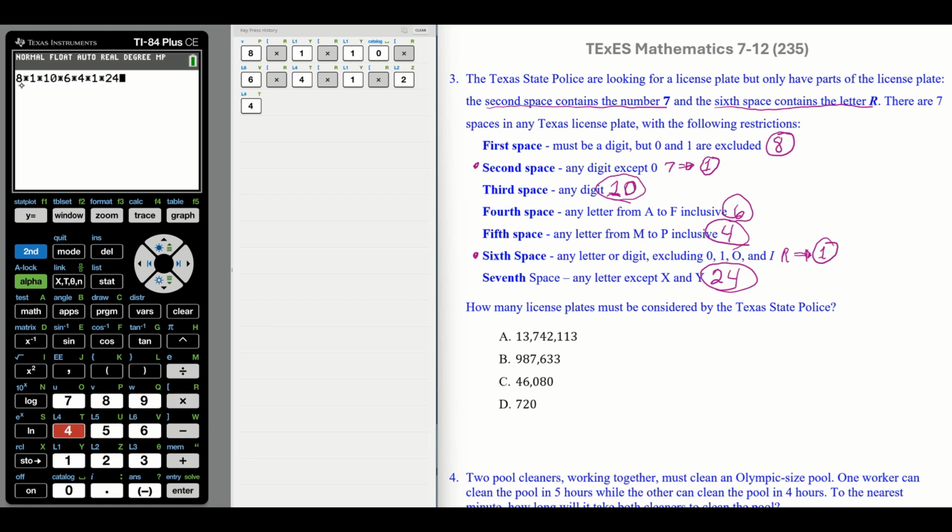Double check I have them all in, because we should have 7 numbers: 1, 2, 3, 4, 5, 6, 7. All right, press enter. And there's our option, and it is C. That looked a lot worse than it actually was.